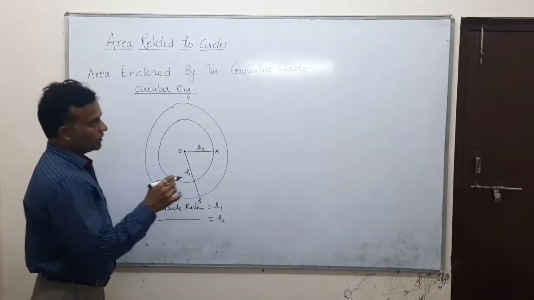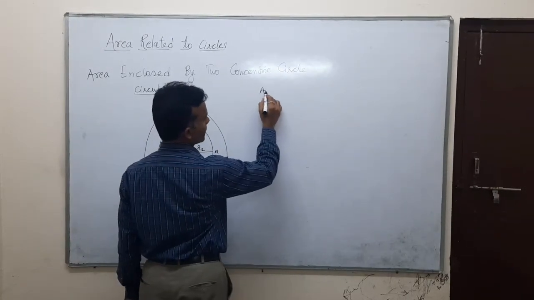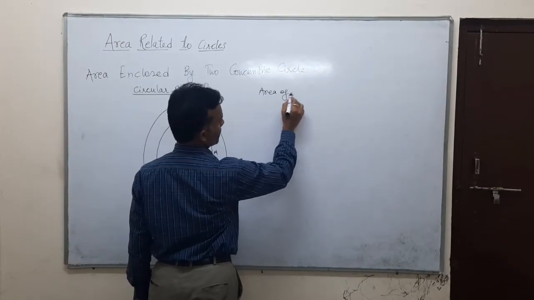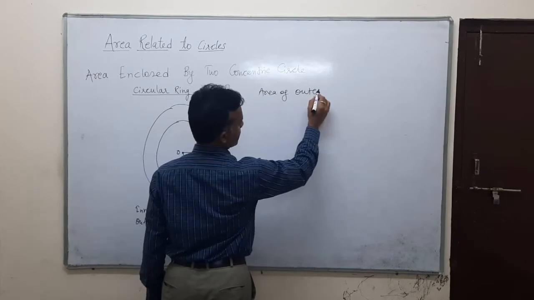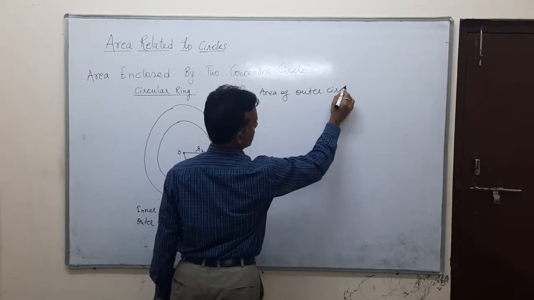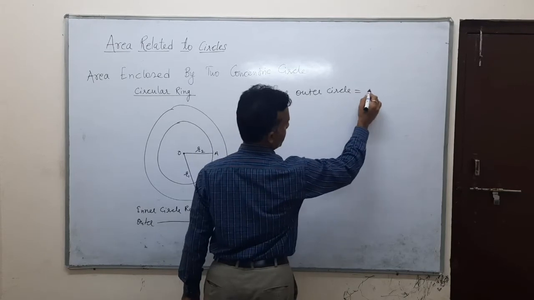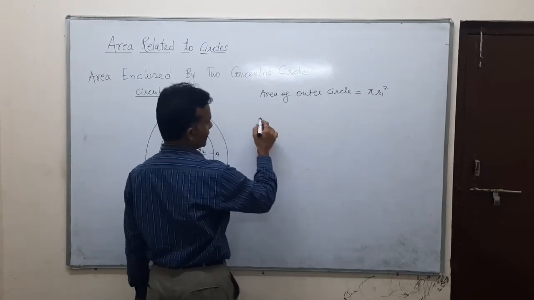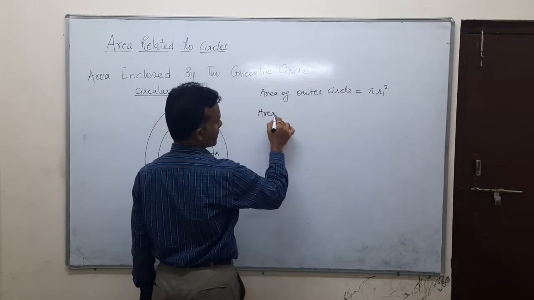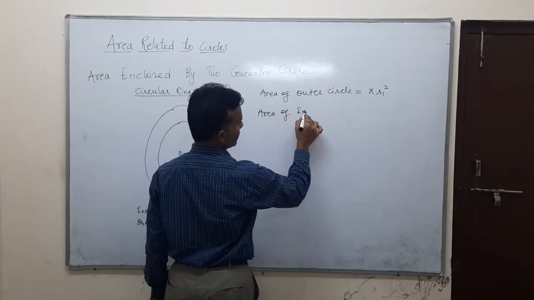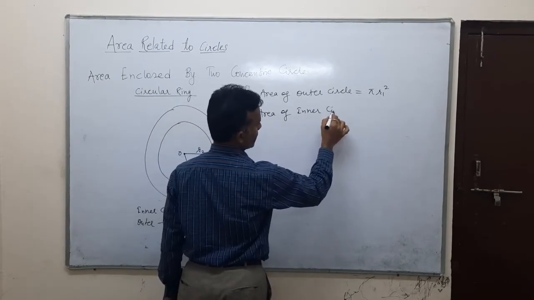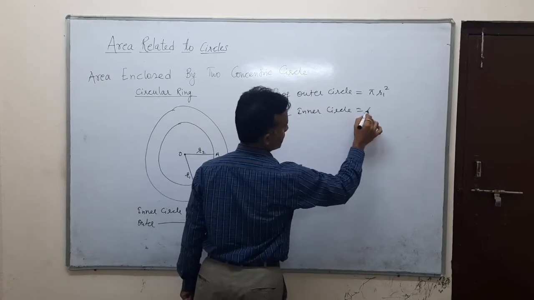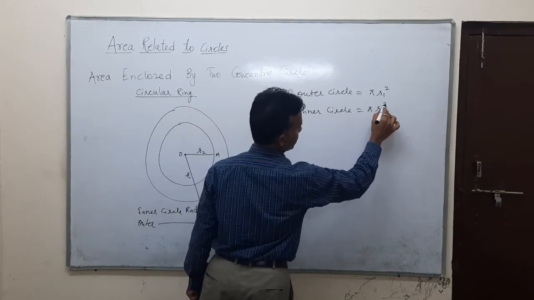Area of the outer circle first, that is pi R1 square, because the radius is R1. Then area of inner circle is equal to pi R2 square.